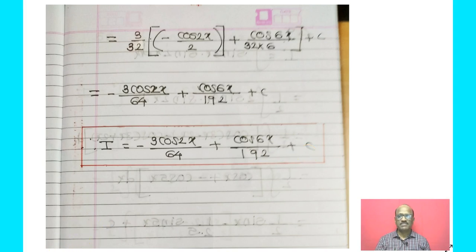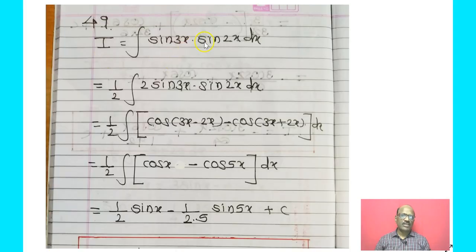Now next problem. Here I is equal to integral sin of 3x into sin of 2x dx. Now we have adjusted here, that is 1 upon 2 sin of 3x into sin of 2x. Then what is that formula? That is cos of c minus d minus cos of c plus d. Therefore 3x minus 2x becomes cos x, and cos of 3x plus 2x becomes cos of 5x.